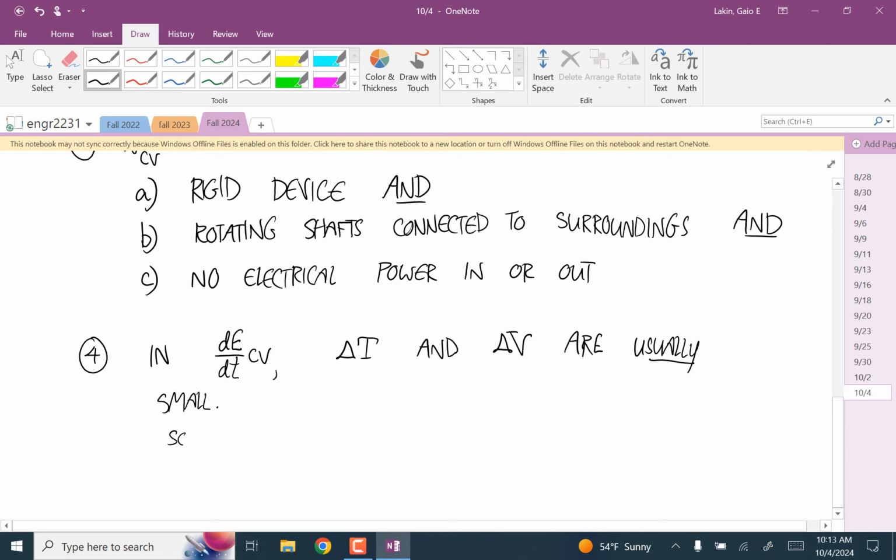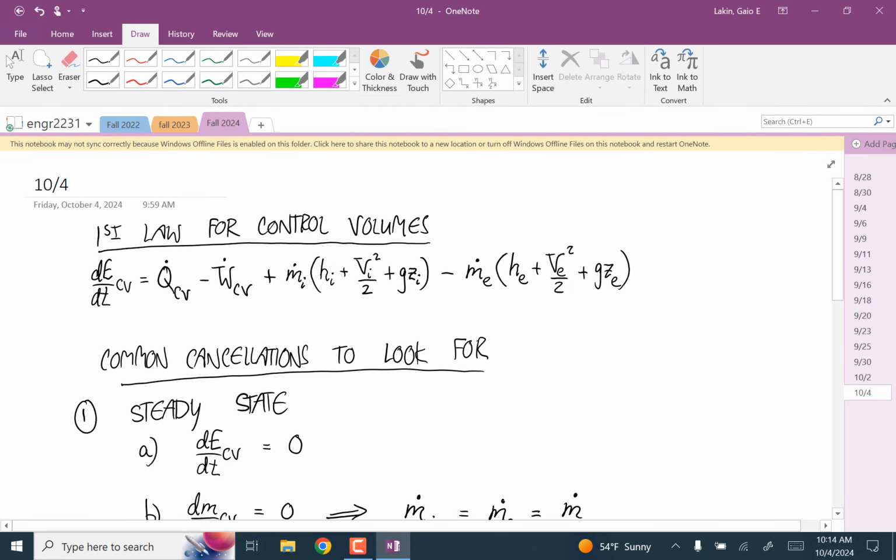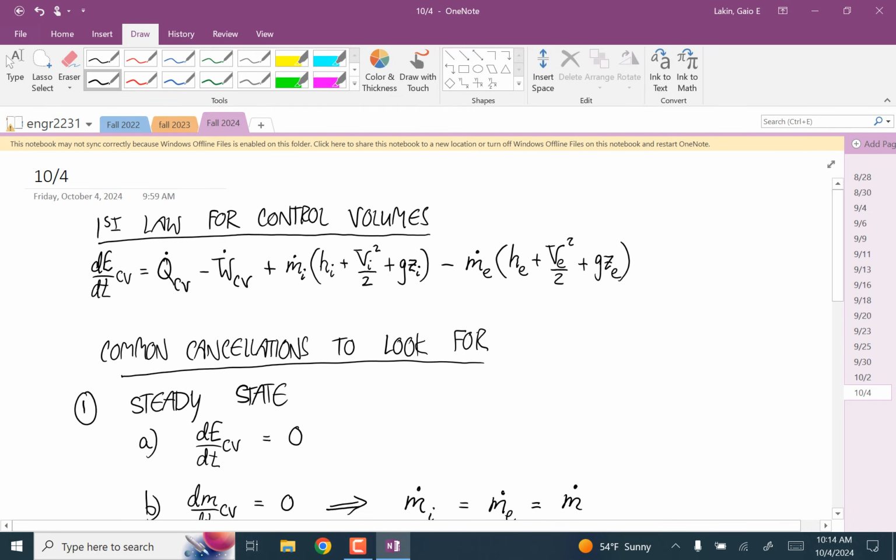So often what this means is that dE/dt for the control volume, we can treat as just the time rate of change of the internal energy. Okay, so I started to write that down as if I was talking about the terms inside the parentheses, but I'm not. I'm actually talking about what's going on inside the dE/dt.